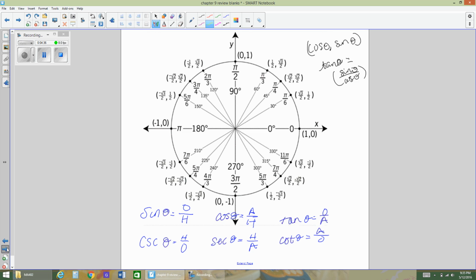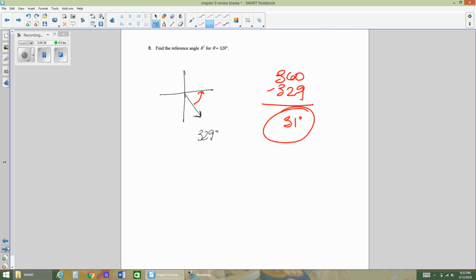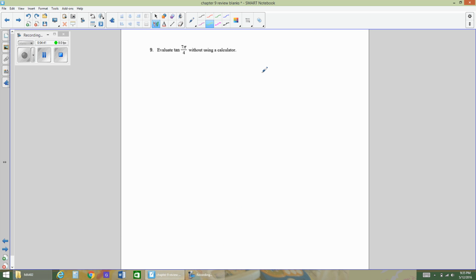Okay, so go back to our problem. Keep that in mind. This happens at rad 2 over 2, negative rad 2 over 2. So we know that the tangent function is just the sine function divided by the cosine function.